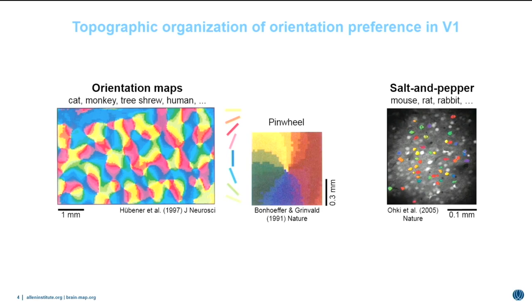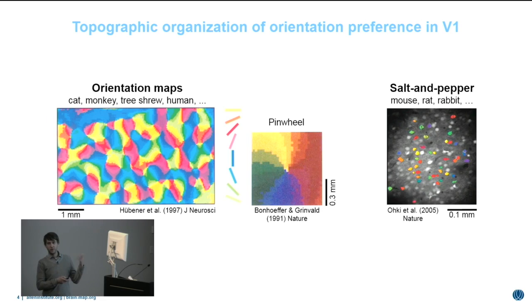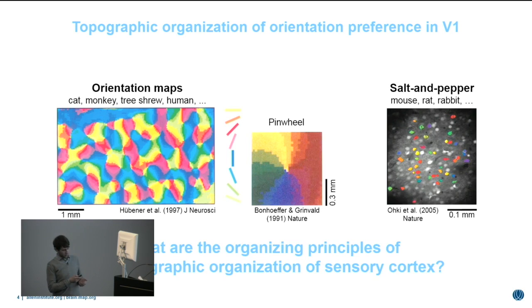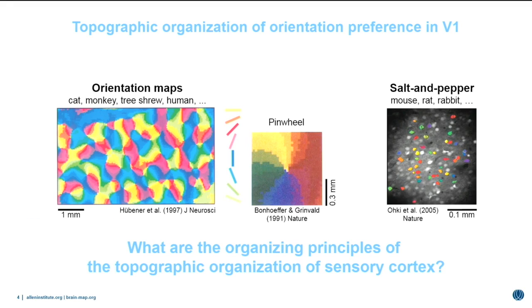And this kind of rich structure is in quite contrast to other mammals, such as the mouse that you use quite a lot here at the Allen Institute, where you have a so-called salt and pepper or random organization of orientation preference. And remarkably, despite the fact that orientation selectivity was discovered decades ago and orientation maps were discovered decades ago, the underlying principle of why we have these maps, or in general, how cortex is organized topographically, was still slightly elusive, in particular the question of the orientation map.